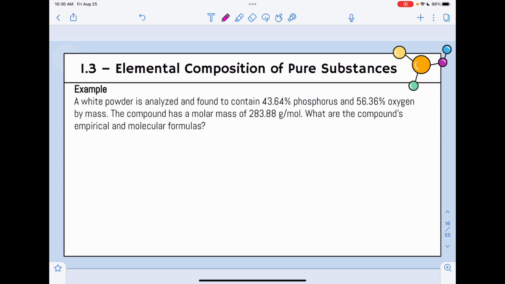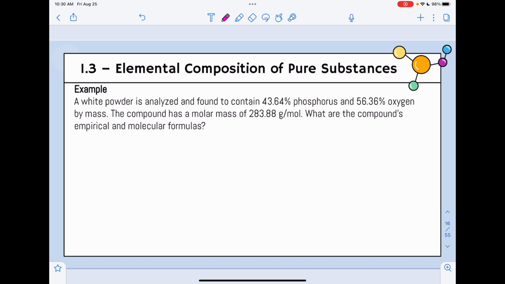Okay, let's look at a different compound. A white powder is analyzed and found to contain 43.64% phosphorus and 56.36% oxygen by mass. The compound has a molar mass of 283.88 grams per mole.